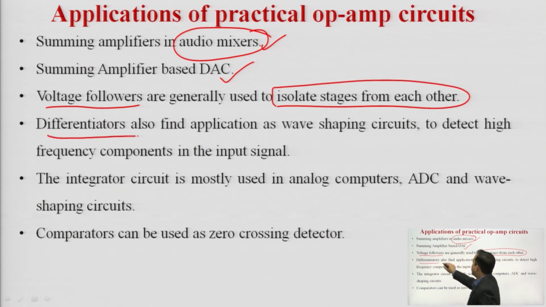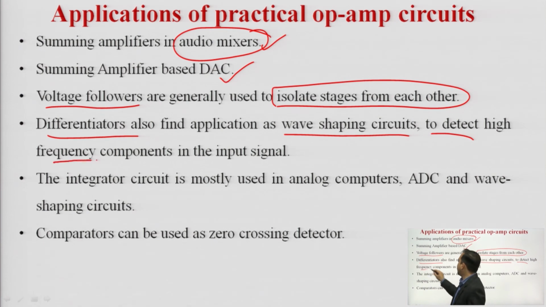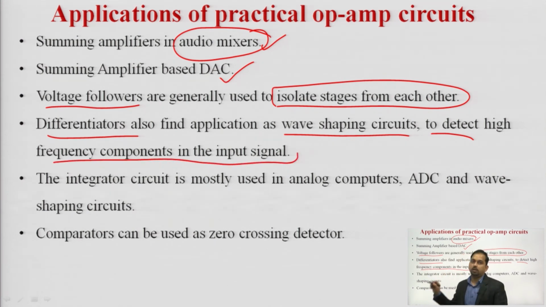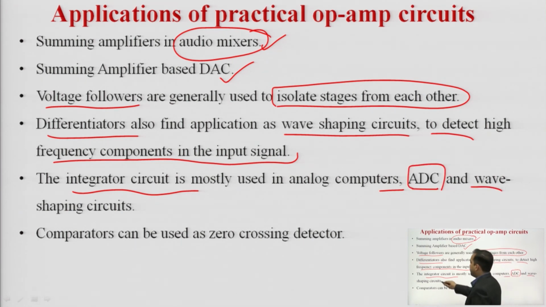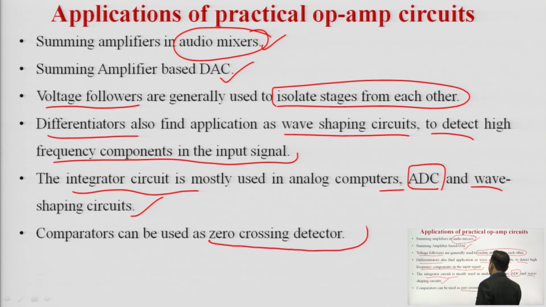Differentiators also find applications in wave shaping circuits to detect high frequency components in the input signal. Finally, the integrator is used in analog computers, ADC, analog to digital converters, and wave shaping circuits. Whereas the comparators can be used as a zero crossing detector. This is the major application of comparator circuits.